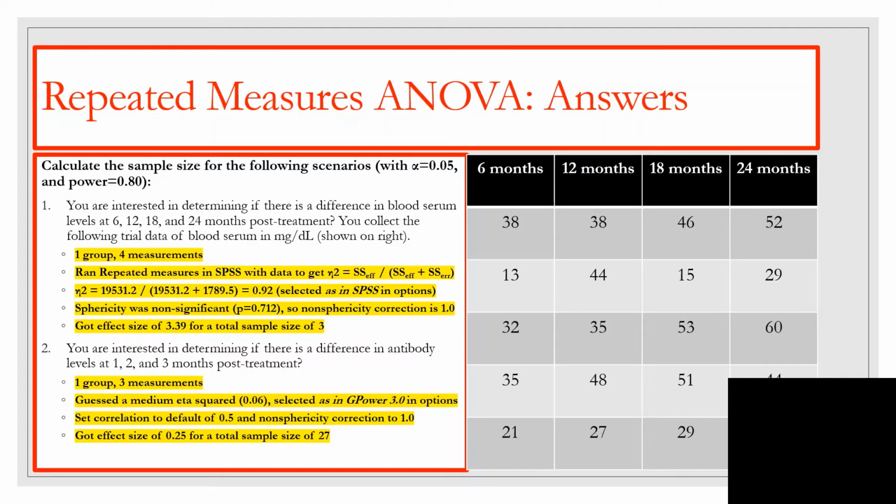See that there's just one group because we're looking at just patients, and then 4 different measurements. I took this information and ran a repeated measures test in SPSS to get an eta squared based on these values. These are the values I got, and this was the eta squared of 0.92. I selected this in SPSS in the options bar.